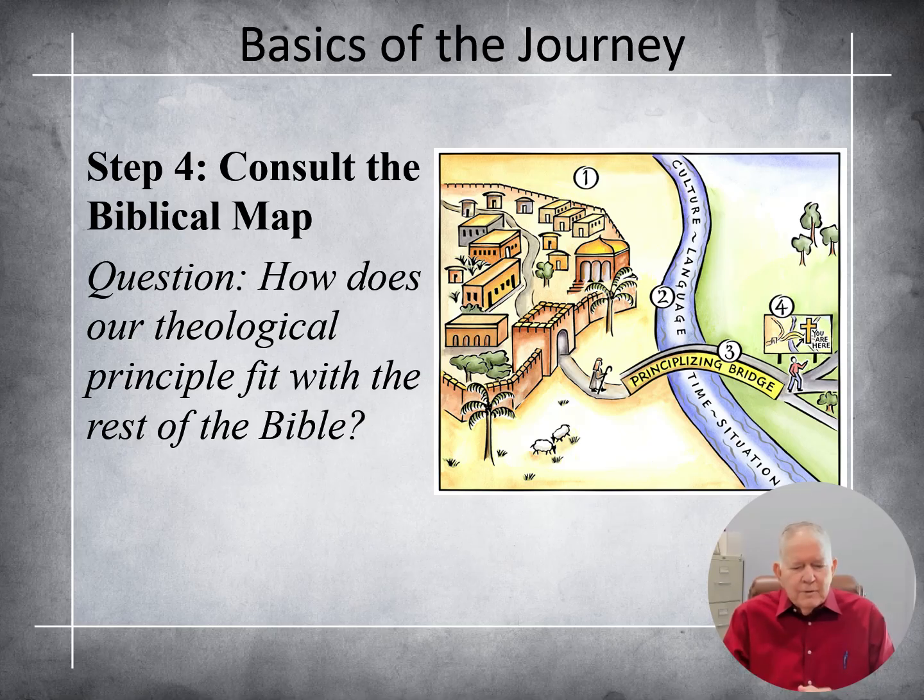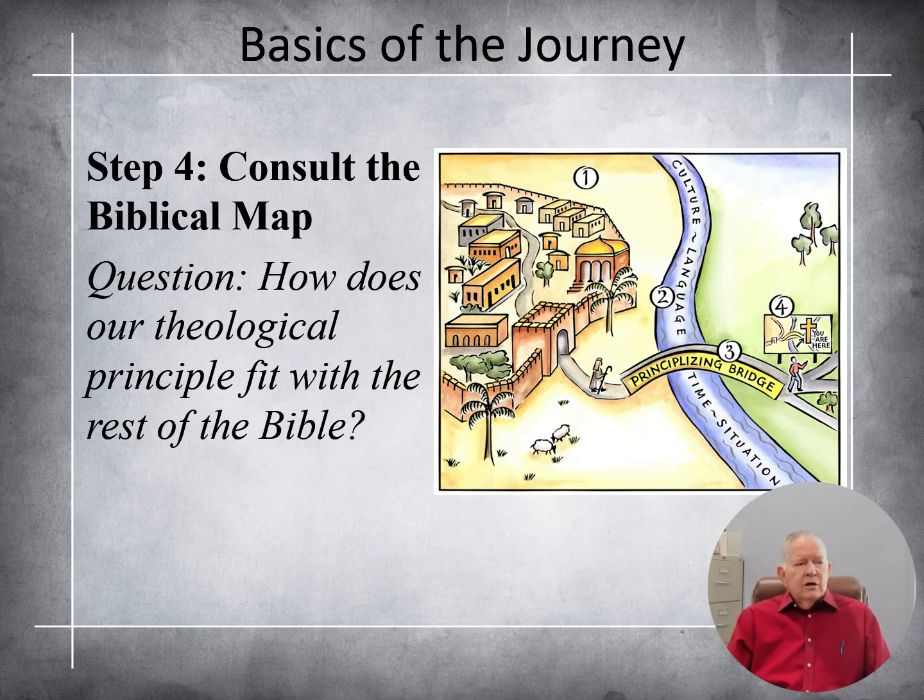And then step number four, consult the biblical map. And here's the question: how does our theological principle fit with the rest of the Bible? And so we're over here on the right side of that river now, but we still need to consider the whole Bible. If in one place it says you are justified by works, as it does in James, and then in some places not of works, lest any man should boast, how do you harmonize those statements?